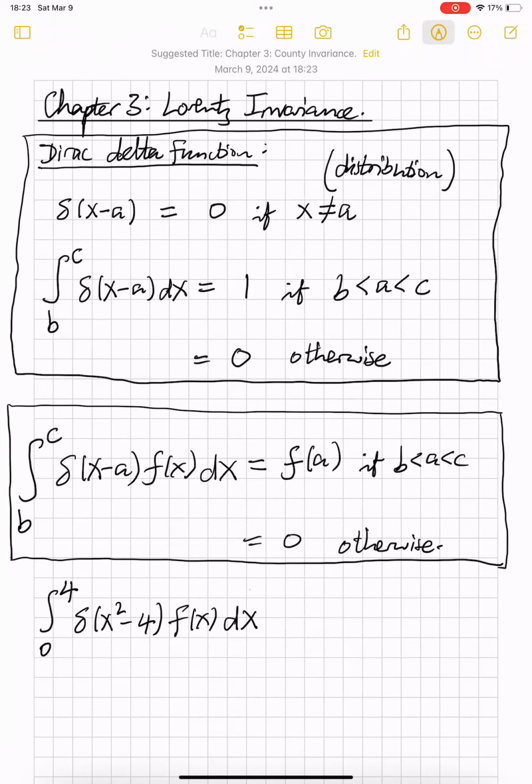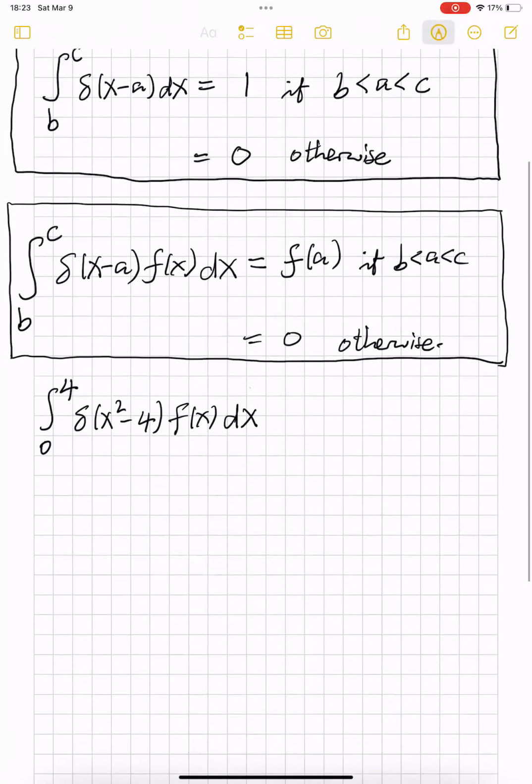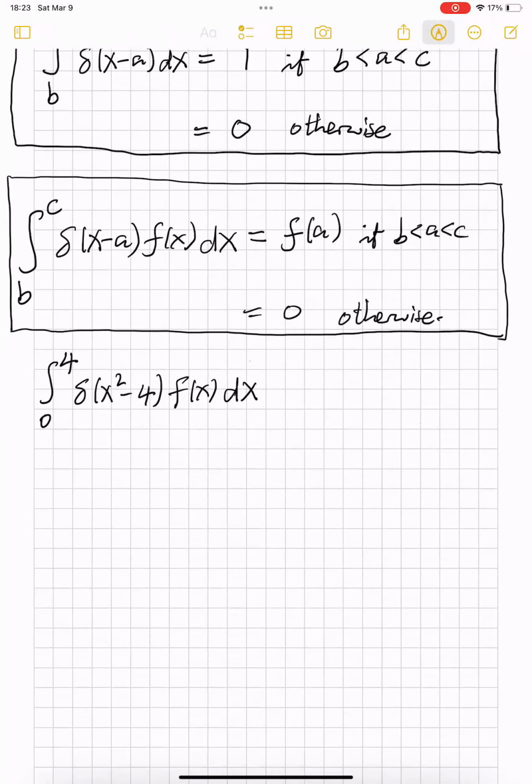So first of all, where will all of the contribution to this integral come from? It comes from when x squared is equal to 4, because that's when the argument of the delta function vanishes. So this is where we'll get all of the contribution to the integral. And that means when x is equal to plus or minus 2.